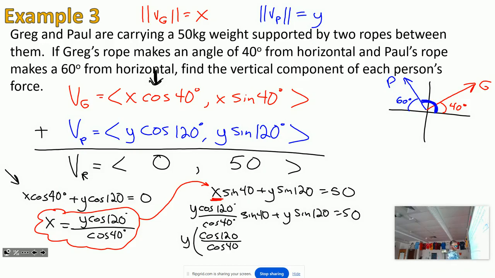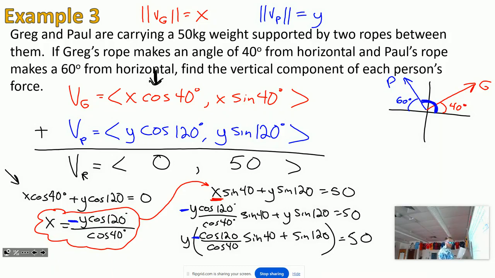When you are subtracting y cosine 120 over, it's negative y cosine 120. So this should be negative here. Caught it. Hopefully you saw that and were yelling at the video. There we go. Now again, I have that blue negative sign in there.